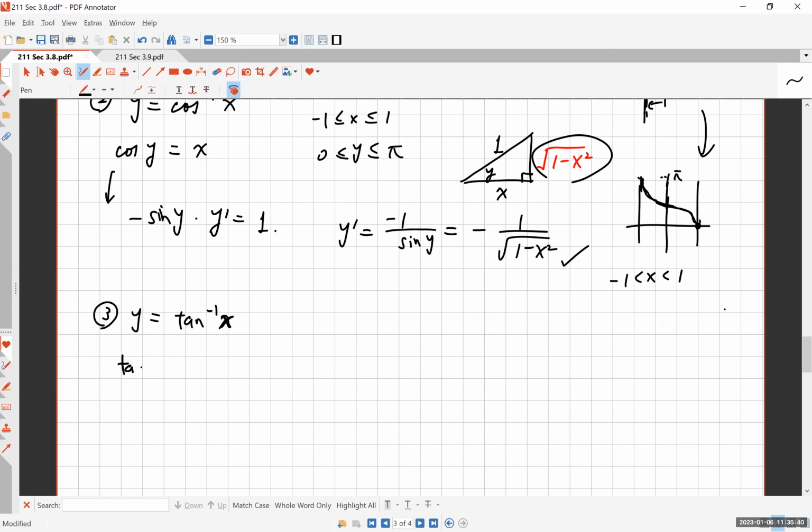All right, so what does this mean? This means the tangent of y is equal to x. This time x can be anything. Did you know that? Because see, the tangent function goes like this, from -π/2 to +π/2, and it is 1 to 1 in this open interval. So this is the tangent of x.